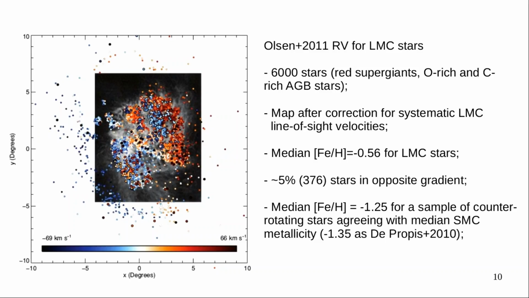The median metallicity for this kinematically distinct population is lower than the median metallicity for LMC stars, and agrees with the SMC median metallicity. The authors support the idea that these stars were stripped from the SMC in a recent encounter.